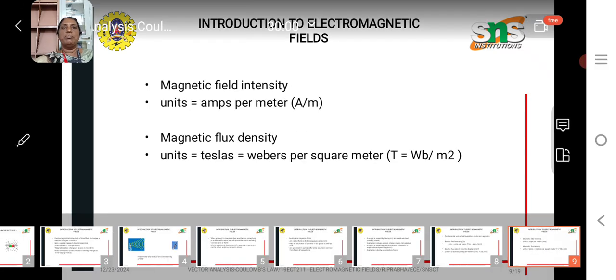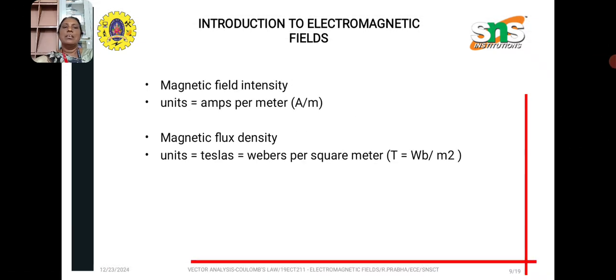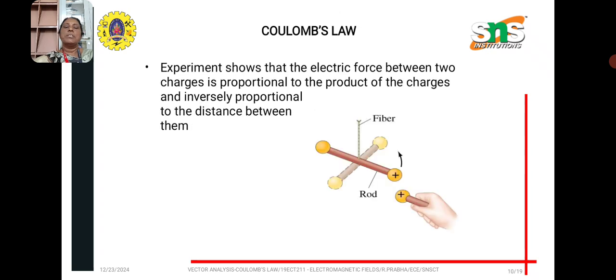Next are the magnetic field intensity and magnetic flux density for the magnetic field. Magnetic field intensity is measured in amperes per meter, and magnetic flux density is measured in Tesla or Webers per meter square. And there is a basic law in electromagnetics called Coulomb's law.